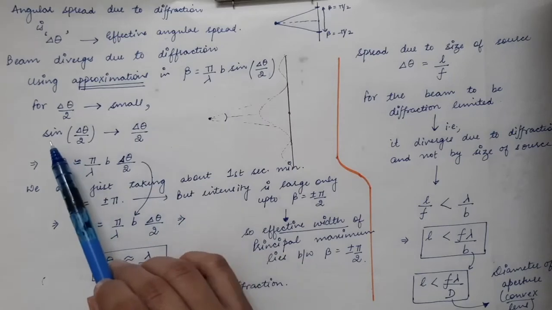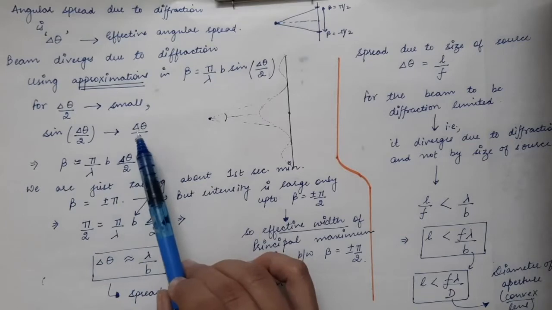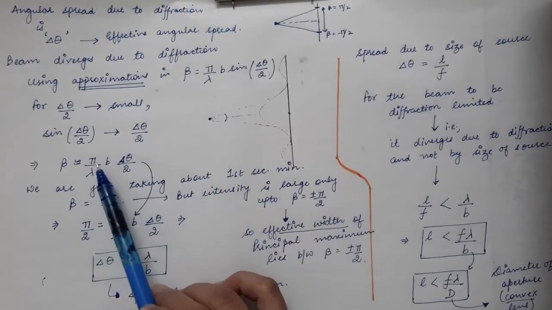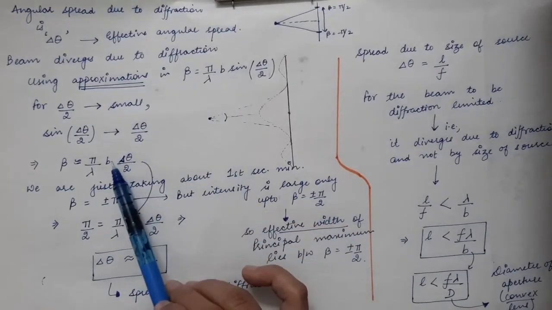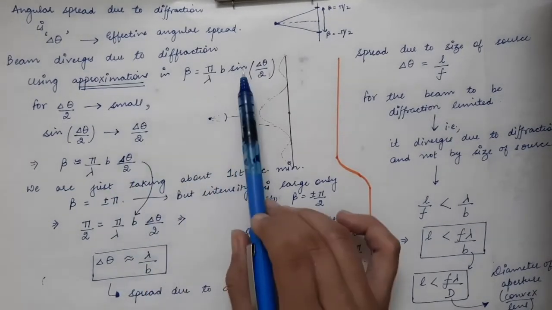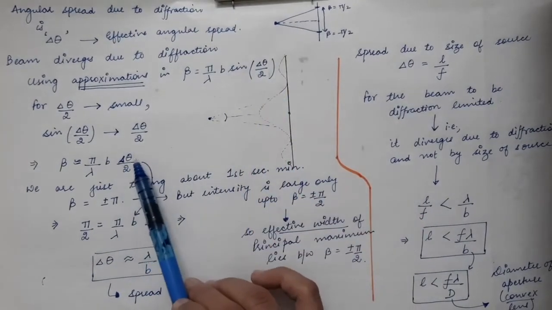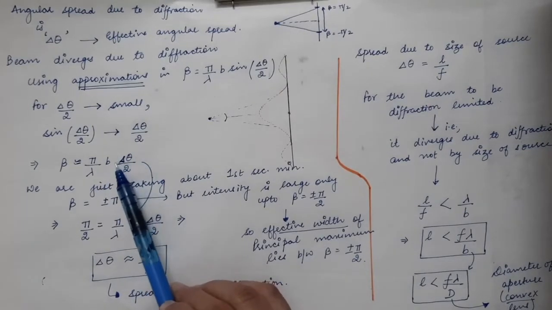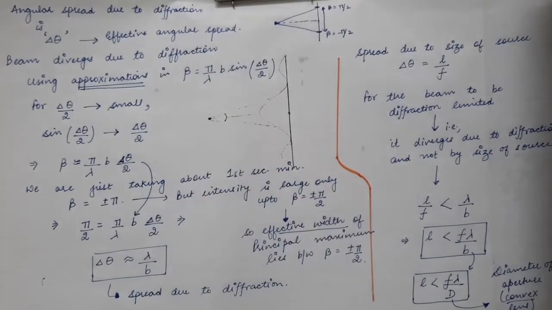So beta is approximately equal to pi by lambda into b, the width of the slit, which remains as it is, into delta theta divided by 2, because we are going to derive the formula of delta theta, the effective angular spread due to diffraction.